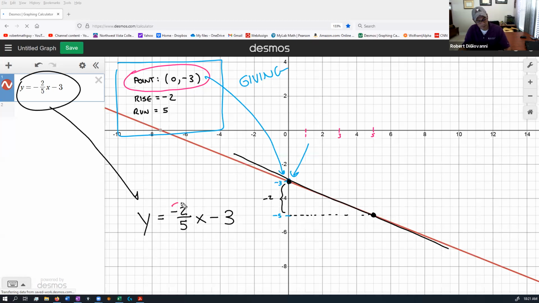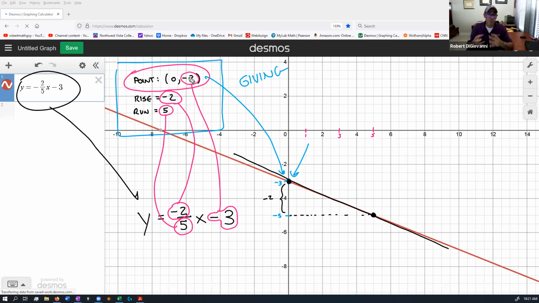This -2 here is the actual rise. The 5 here is the run. And the -3 is this y-intercept. So that's not a coincidence.